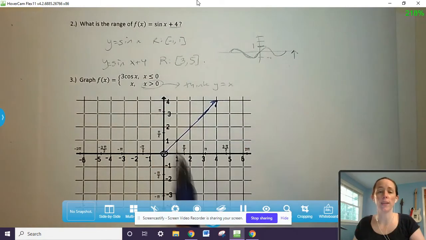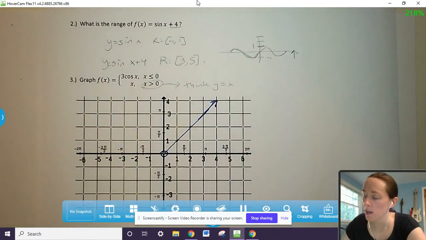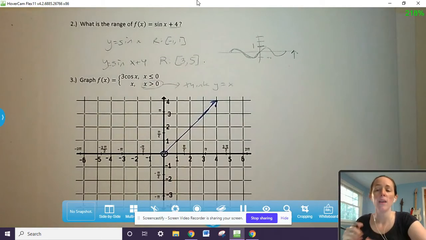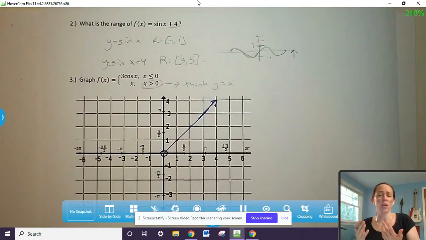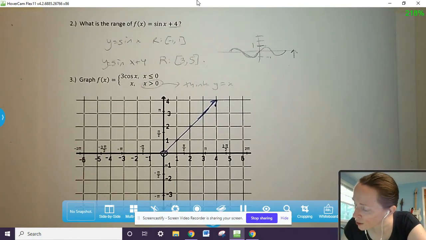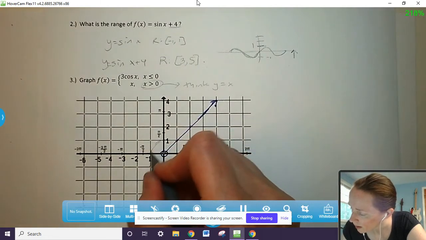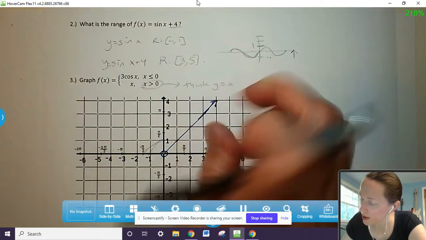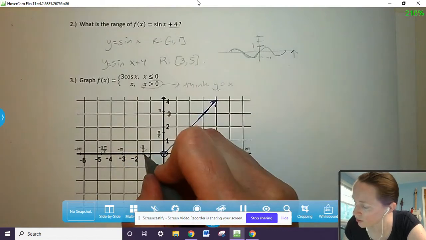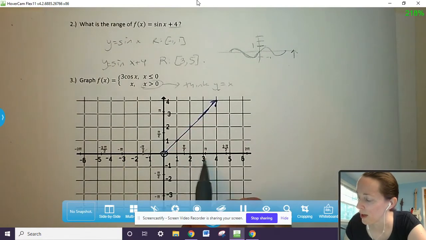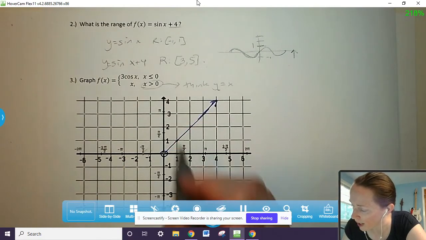Now for 3 cosine x, I only want to use that where x is less than or equal to 0. But that can be kind of tricky because cosine can be a lot of work to graph. So what I'm going to do is use a pencil, and I'm going to first graph cosine. And the x-axis here is tricky as well because I have included the integers, 1, 2, 3, as well as every half pi.